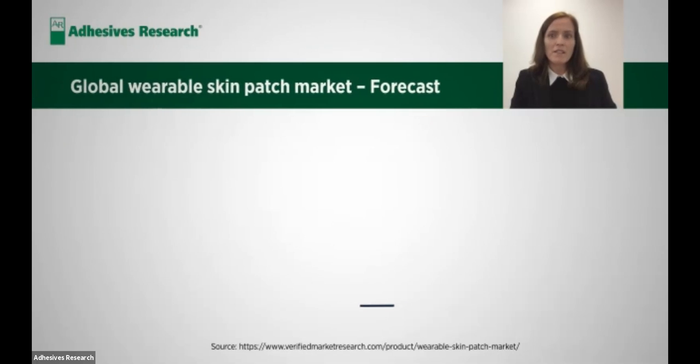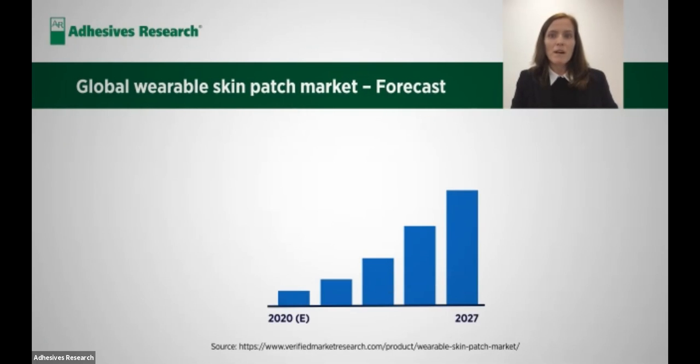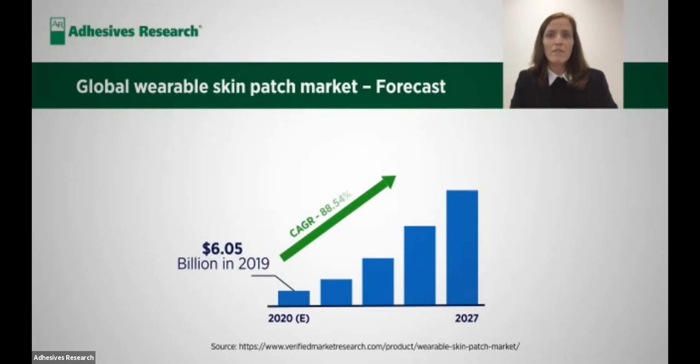According to verified market research, the global wearable skin patch market was valued at just over $6 billion in 2019, and is predicted to grow at a compound annual rate of 88.54% to a value of over $726 billion by 2027.